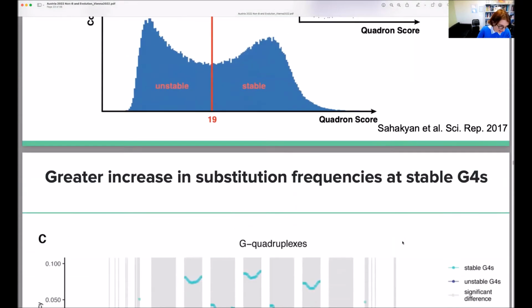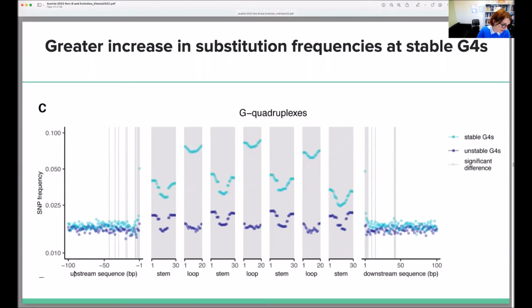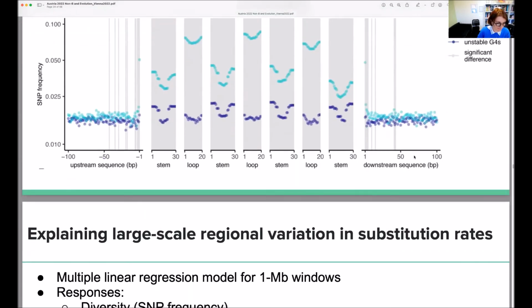So what we are finding is that the substitution frequencies, the SNP frequencies in this case, are higher for stable G quadruplexes, for stronger structures, than for unstable G quadruplexes. So this is something that also suggests that the structures are driving the increased mutagenesis at these loci.